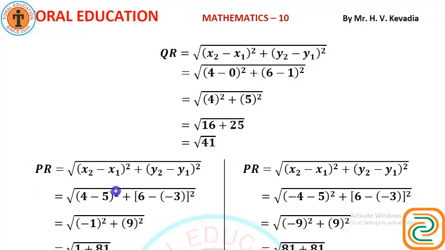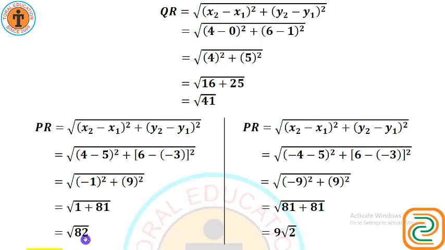And for PR there are two distances, when we take x equals 4 and x equals minus 4. PR equals square root of (4 minus 5) whole square plus (6 minus minus 3) whole square. First we get root 82 and second PR is 9 root 2.